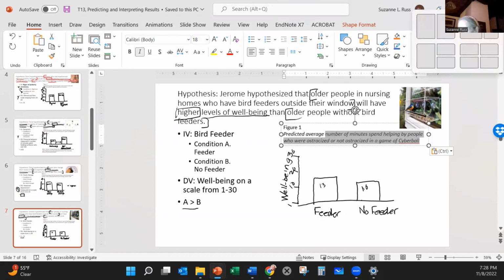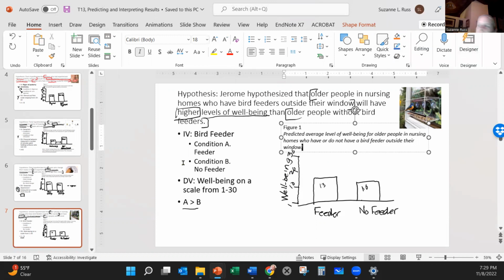So the predicted average level of well-being, notice I'm putting the dependent variable here, that's what we're counting, for older people in nursing homes who have or do not have a bird feeder outside their window. And I think that's a pretty clear title, and this is just fine. This is well done.